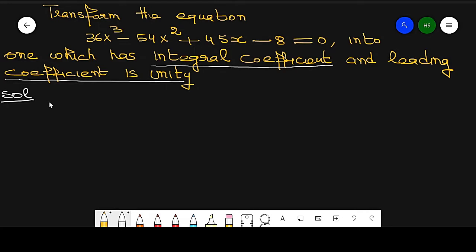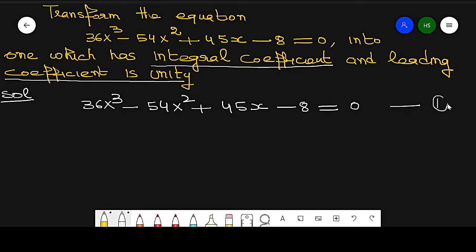Now what is the given equation? The given equation is 36x cube minus 54x square plus 45x minus 8 equal to 0. This is equation number 1.